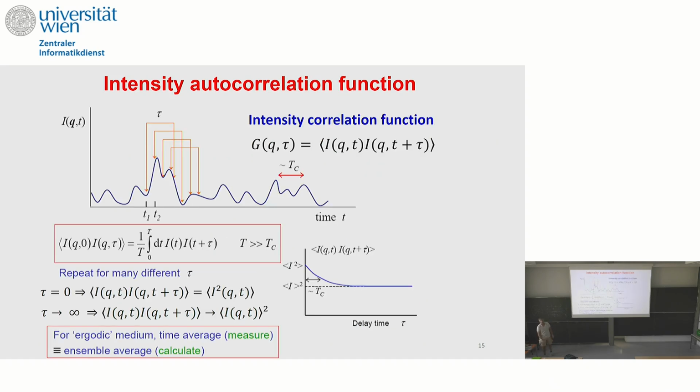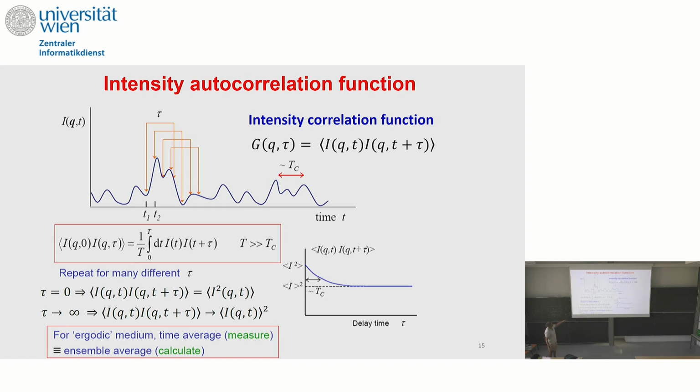So what is, in practice, this intensity correlation function? Is this what is written here? You calculate it by taking the value of intensity measured at some q vector and some time t. You multiply it by the intensity measured at the same q vector and at a delayed time t plus tau. And you can do this calculation for different taus.